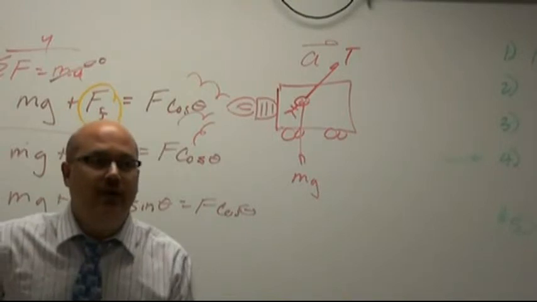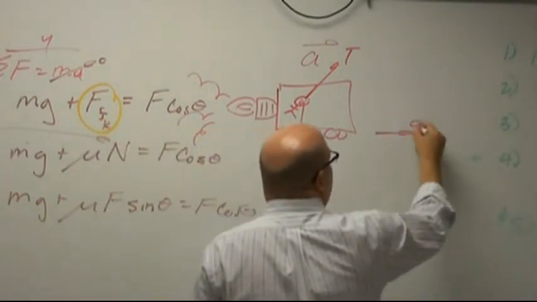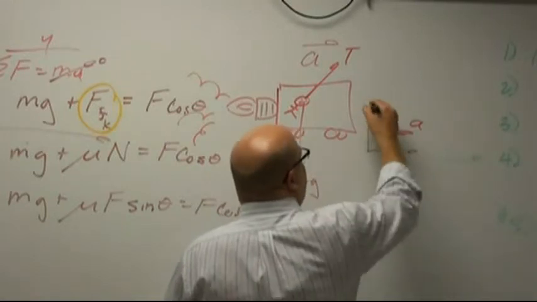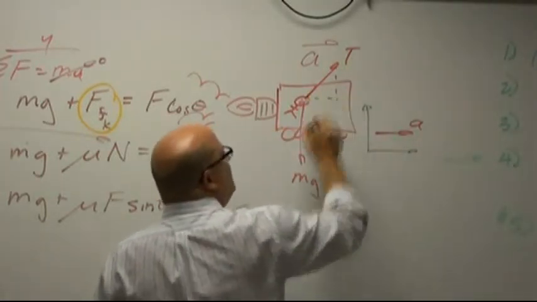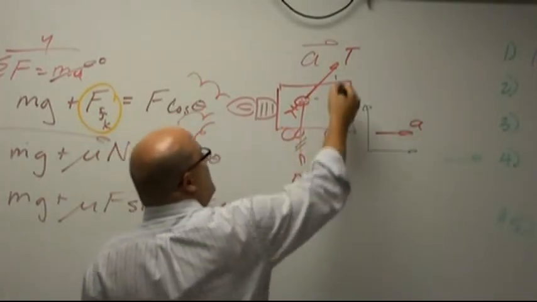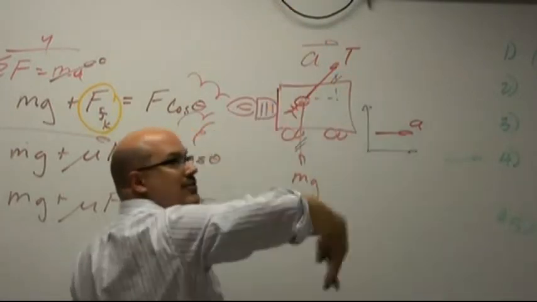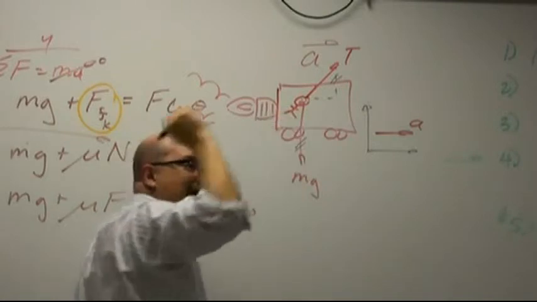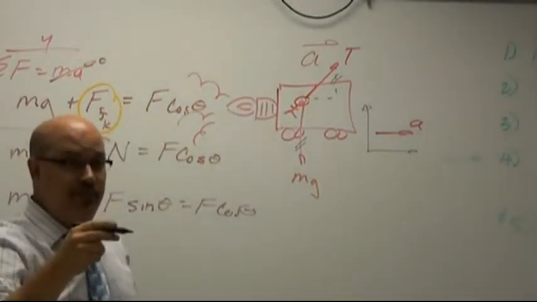But which way are you accelerating? That way. So how do we set up our coordinate system? Like that. And so we split these up. And so mg equals that because there's no acceleration up and down. And we end up with this part of the tension yanking the person along.